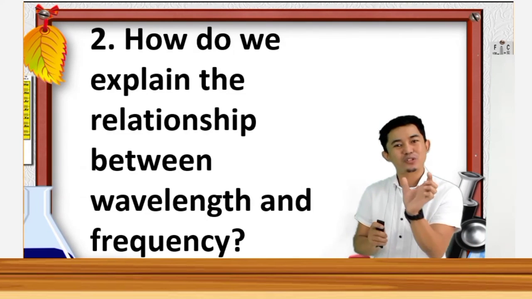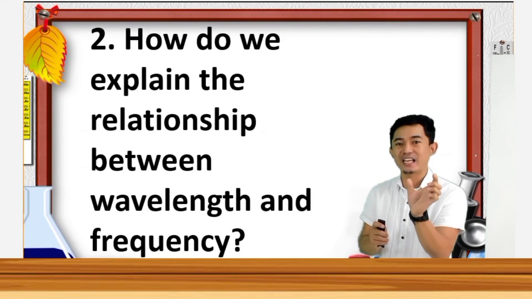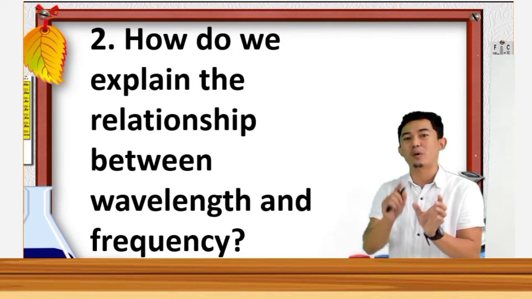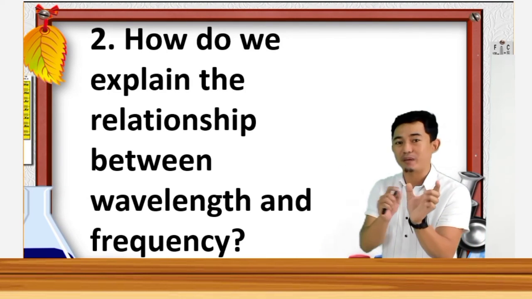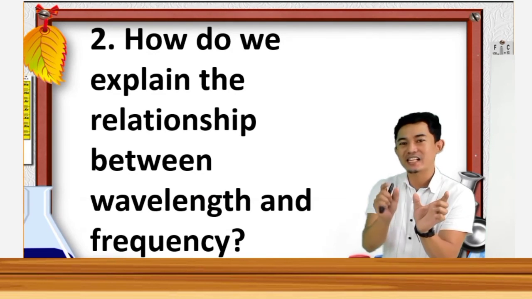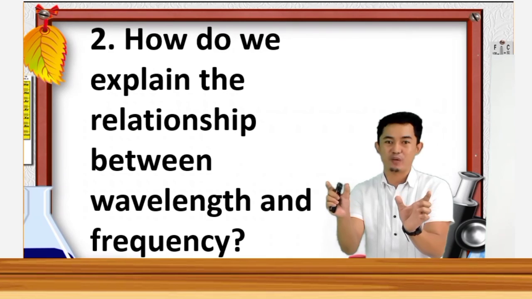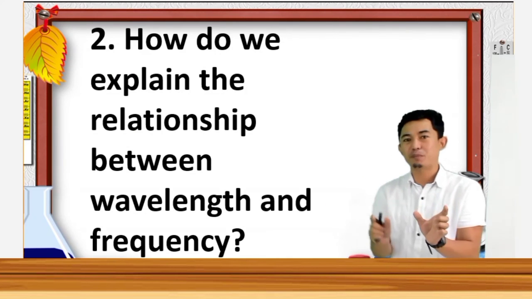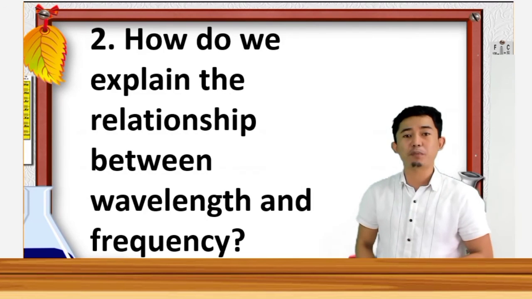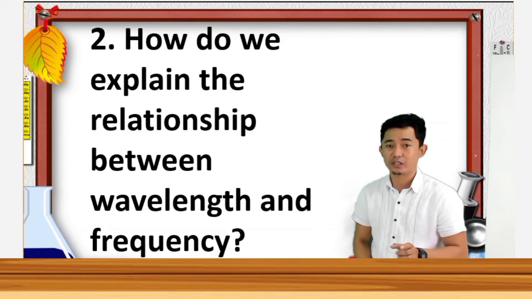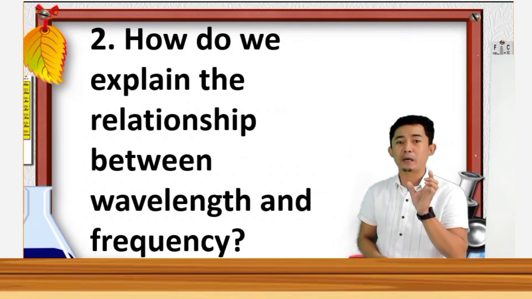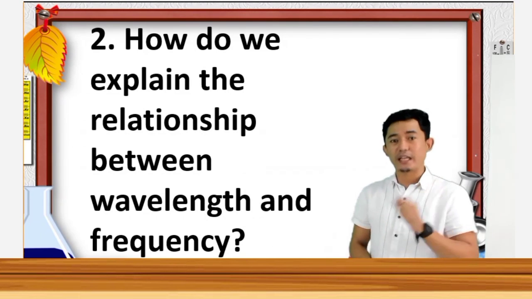The shortest wavelength, class, has the highest energy. Frequency is quite different from wavelength, because a longer wavelength has the slower frequency. Do not forget that, class. Actually, they are both inversely proportional to each other. So that's the correct term, class. Inversely proportional, both of them, wavelength and frequency.